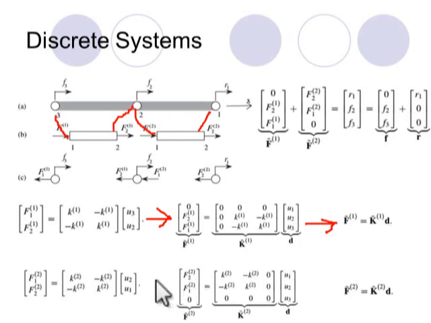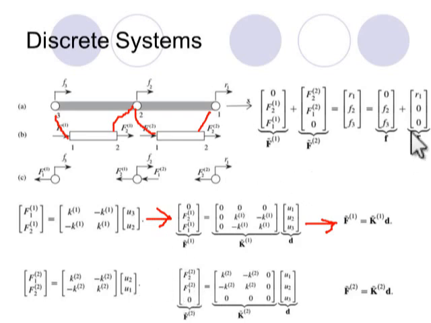I can do the same thing for element 2. It is the same. Now I have 2 forces associated with element 2. So that is F1 and F2. These are the elemental nodal values, and these are the members of element 2, multiplied by the stiffness matrix multiplied by the global nodal displacements.